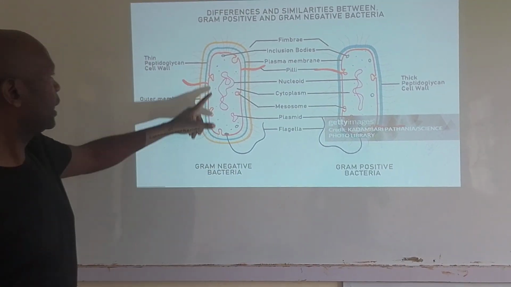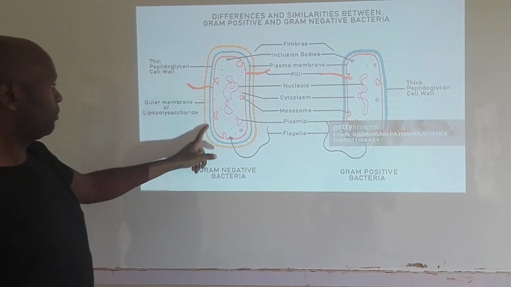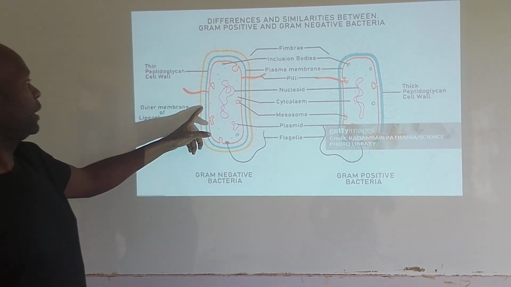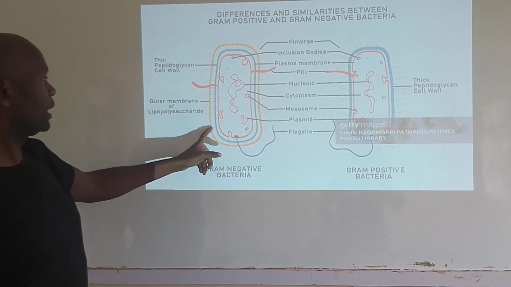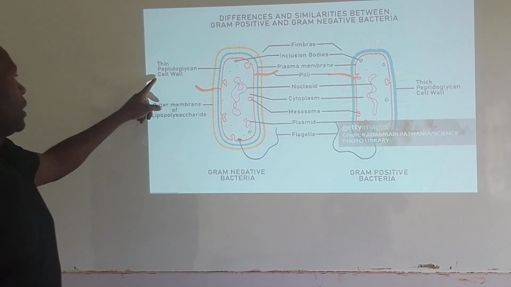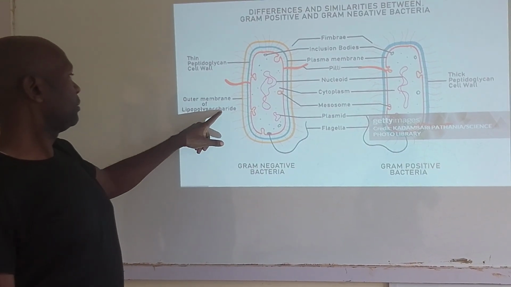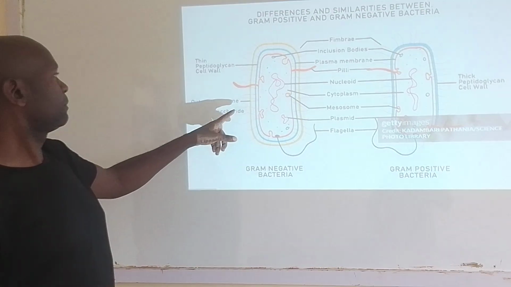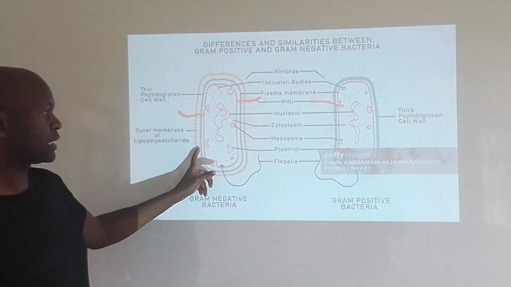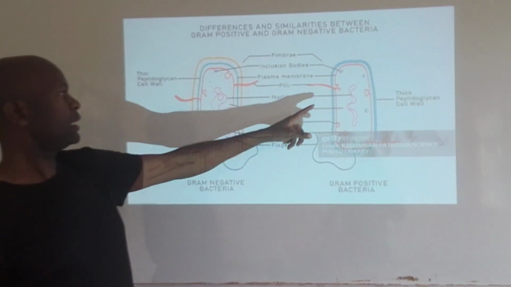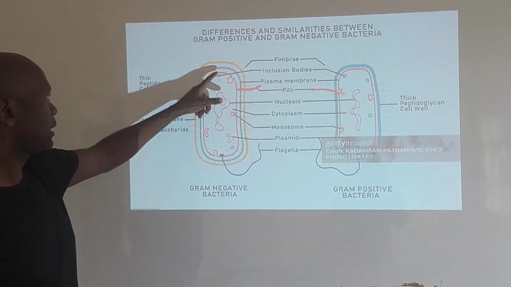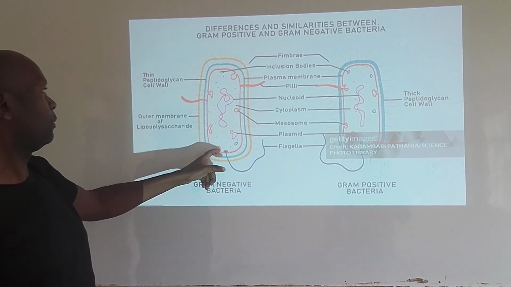When you look at the gram-negative bacteria cell wall, you will find that it has an extra layer, what we are calling the outer membrane of lipopolysaccharides. When you examine these two bacteria carefully, you will realize that this bacteria lacks this outer wall.